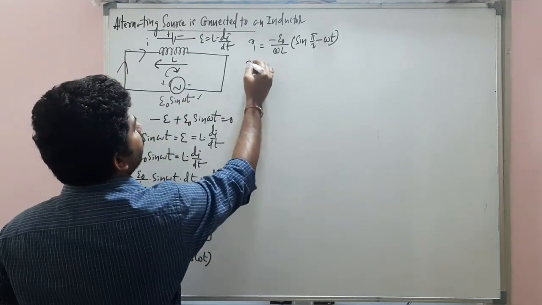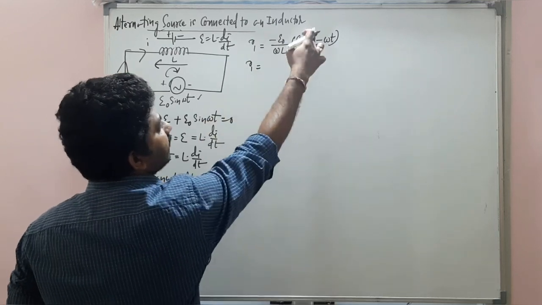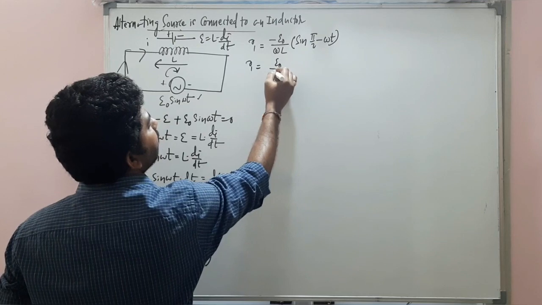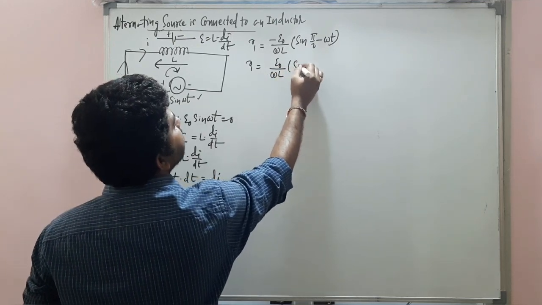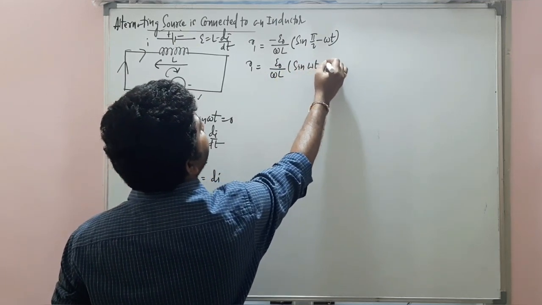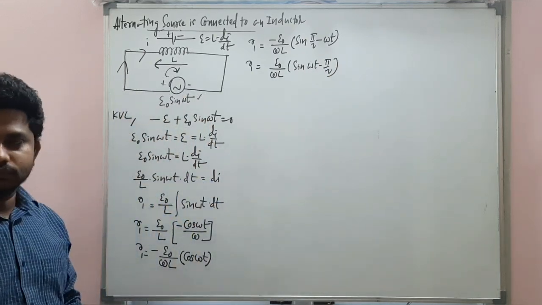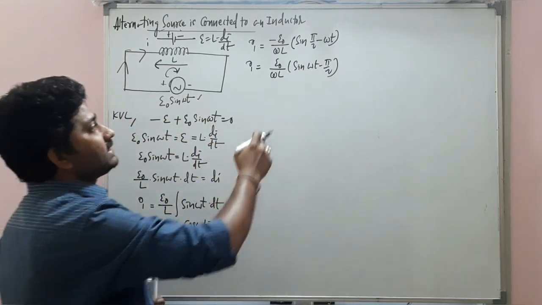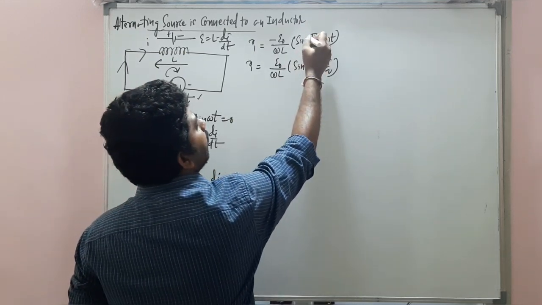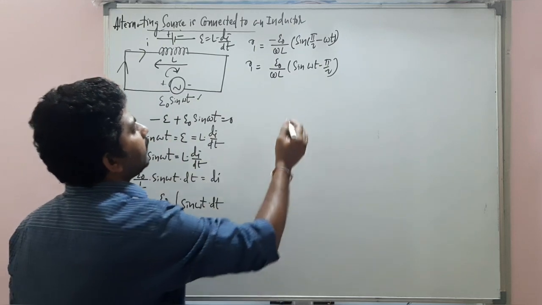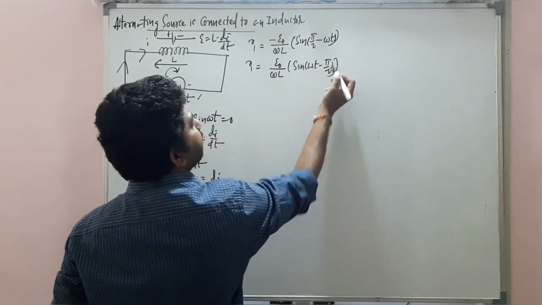Now I can also write I is equal to, when the negative sign goes inside, E naught by omega L into sine omega t minus pi by 2.